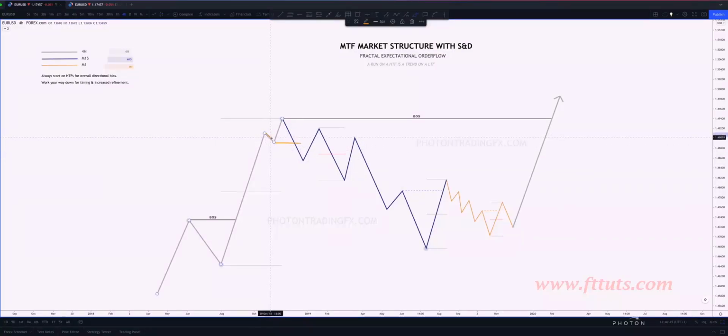Because this tiny 4-hour pullback, denoted by the green line, will most likely be a big deep pullback on the 15-minute chart, so that will most likely be a swing low on the 15-minute chart. So when we get that 4-hour change of character, that will most likely be a 15-minute swing break of structure, a true break of structure. So the 15-minute is now bearish, because it needs to facilitate that 4-hour pullback.